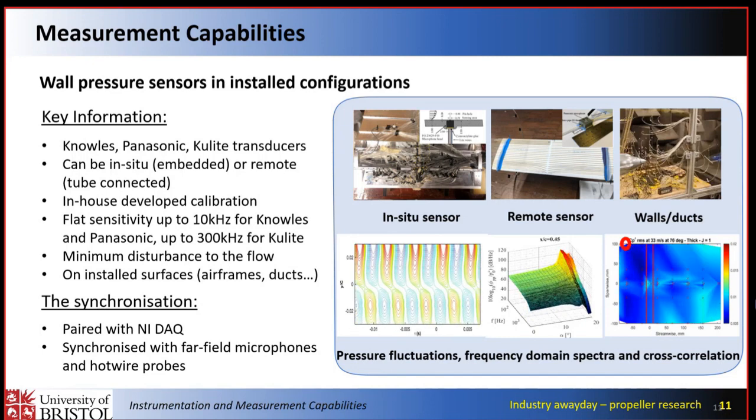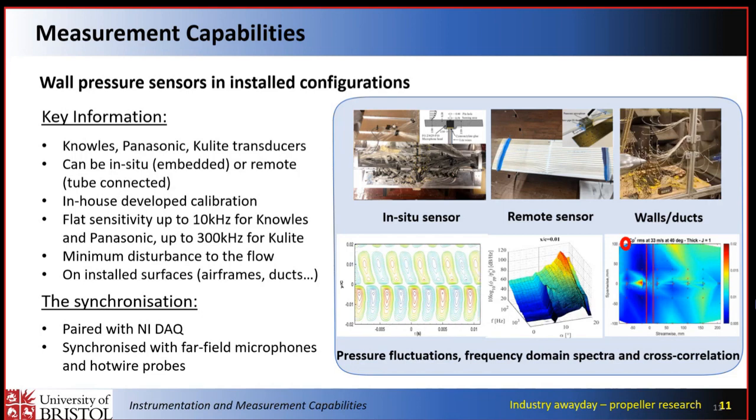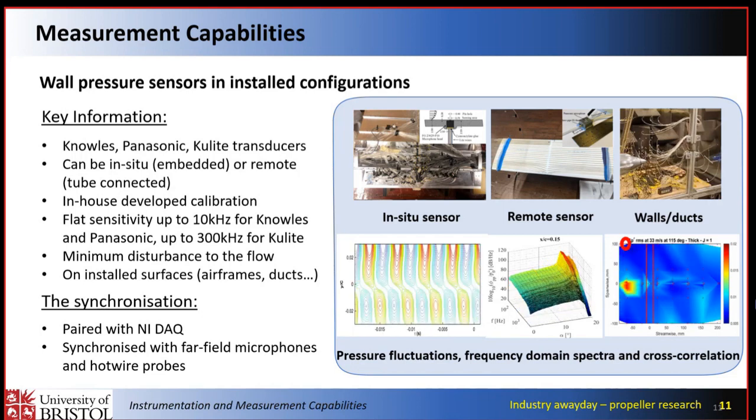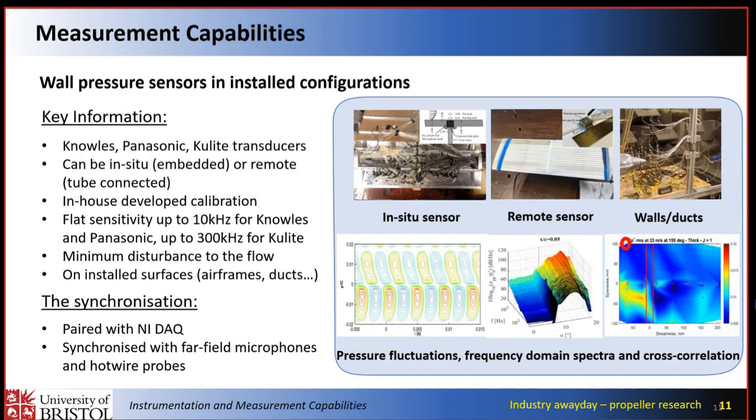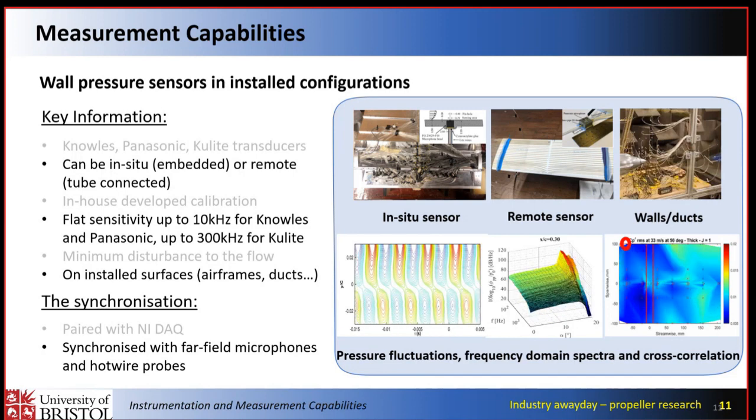And this whole system of so-called in situ sensors is also paired with in-house development with the National Instruments data acquisition system. So essentially, they can be measured together and simultaneously with the far field too.